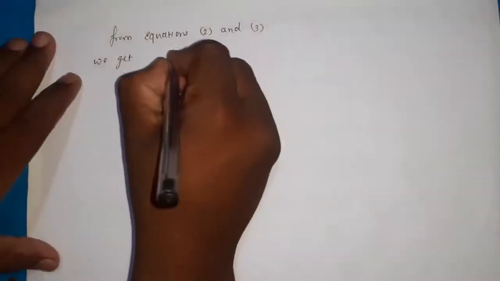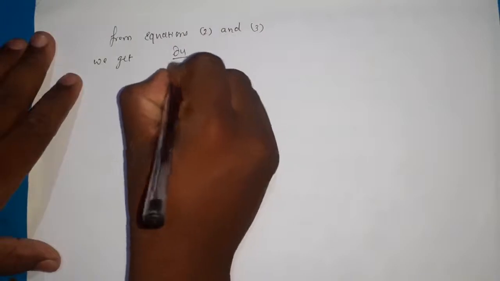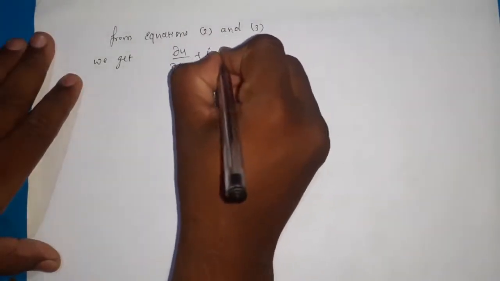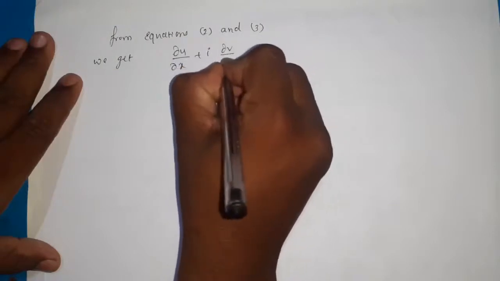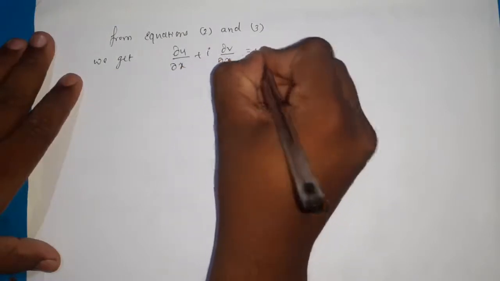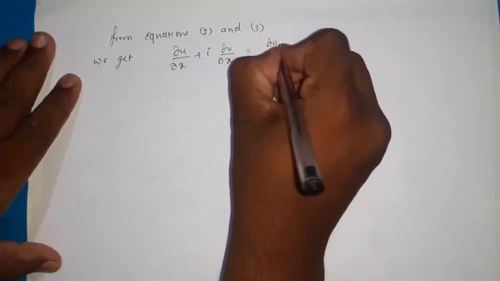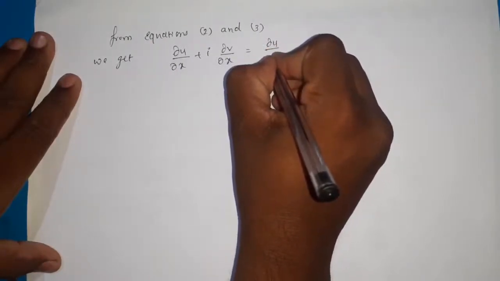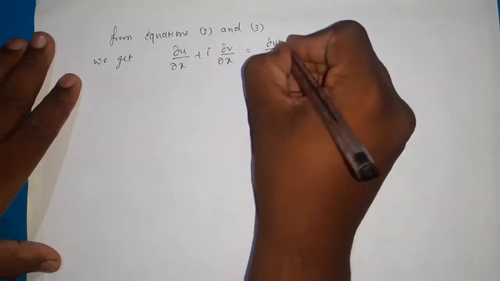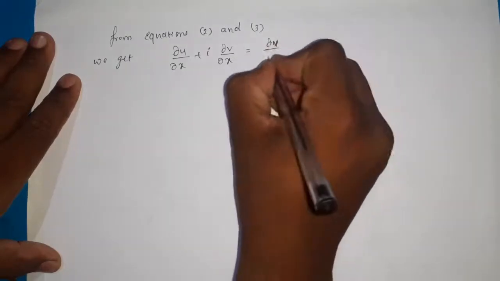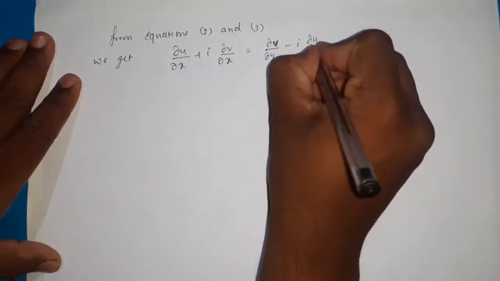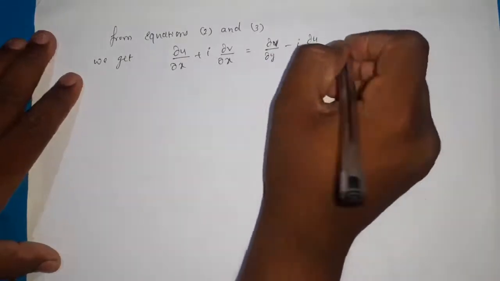Therefore dou u by dou x plus i into dou v by dou x is equal to dou v by dou y minus i into dou u by dou y.